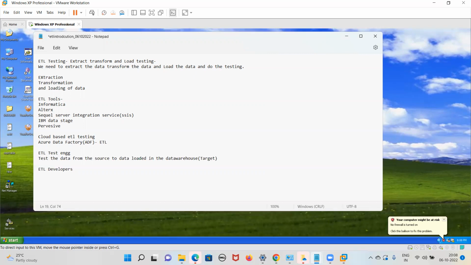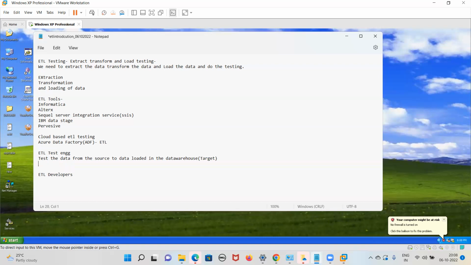Data is getting loaded from the source system to the data warehouse, and as an ETL test engineer, we need to test that the data which has been loaded from the source system to the data warehouse, called as target, is correct or not. Every data from the source should match with every data in the target.